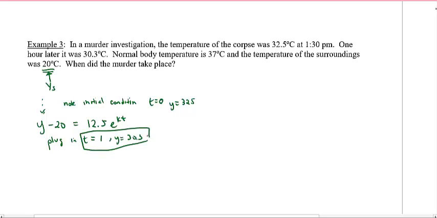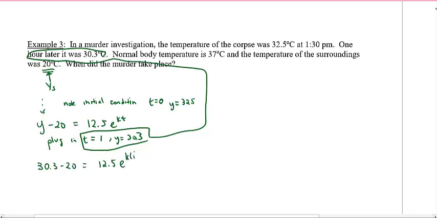This, of course, comes from this statement here. An hour later, it was 30.3. An hour later, so t is 1. You'll find k equals what? Natural log of 10.3 over 12.5 over 1.